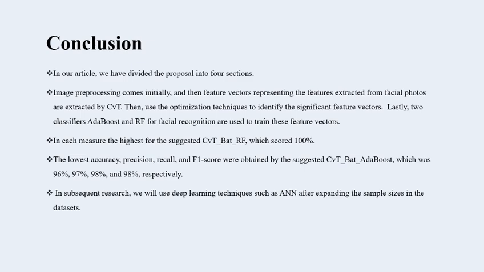In every measure, the highest is for the suggested curvelet transform with random forest, which scored 100%. The lowest accuracy, precision, recall, and F1 score were obtained by the suggested curvelet transform with AdaBoost, which were 96, 97, 98, 98.